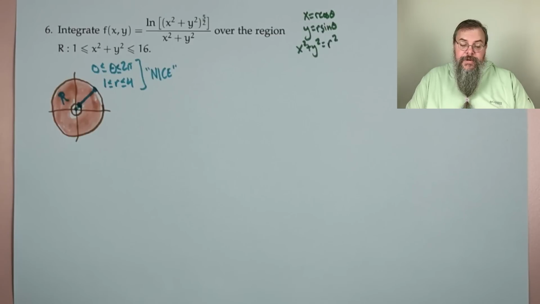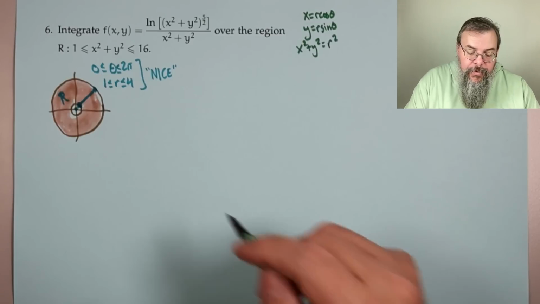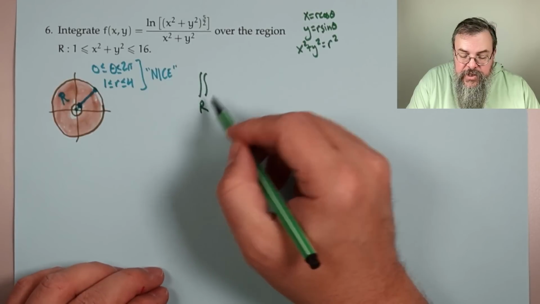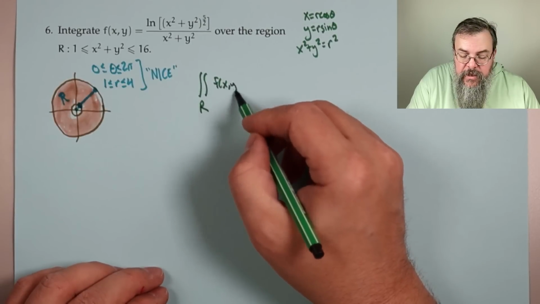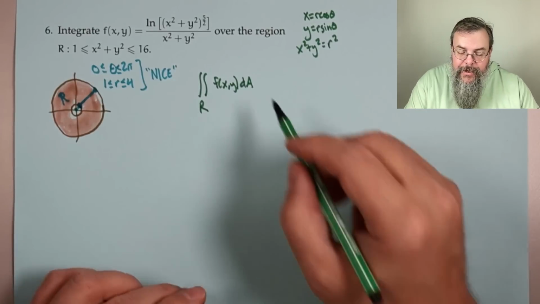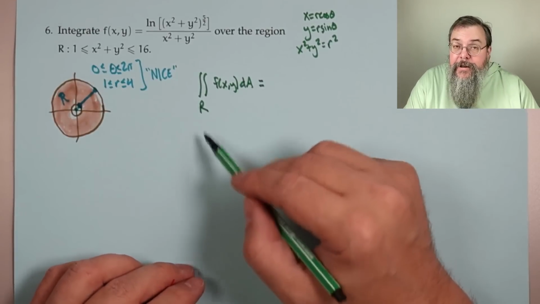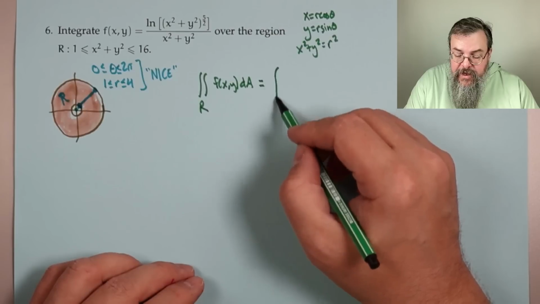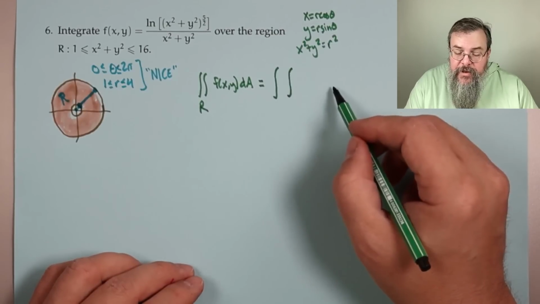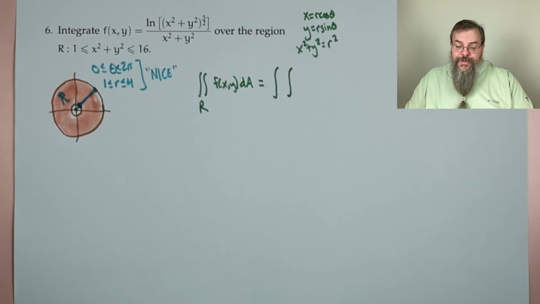Okay, so here we go. We want to integrate over our region our function dA. Now, we're going to update all our pieces. We're going to describe our region in terms of polar, our function in terms of polar, and our dA in terms of polar.